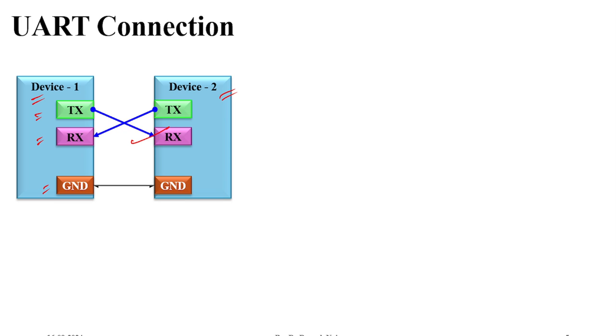And for common voltage level, the ground pins should be connected together. So this is a very simple connection. We need only 3 wires, TX to RX connection and then ground connection.